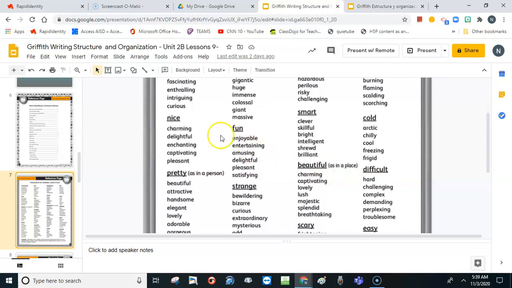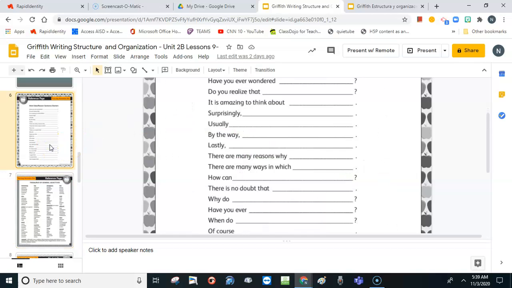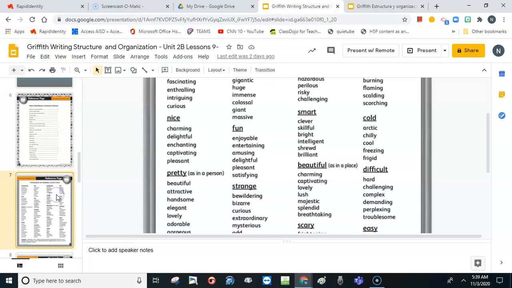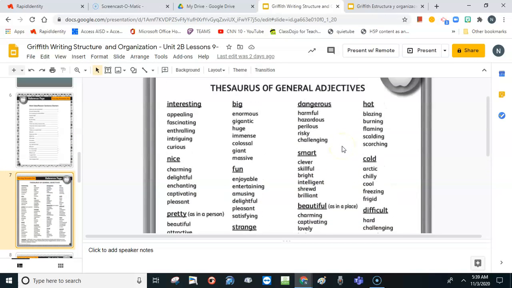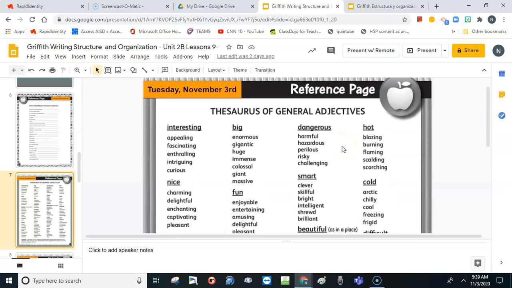You are going to use these two pages, page 6 and page 7, with your writing about your favorite, your best friend. No, I'm sorry, your movie star, or famous person, or favorite athlete, or favorite singer. After you finish writing the 4 sentences, we're going to revise and edit and make it more interesting.